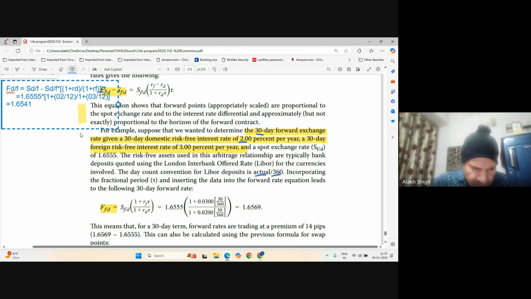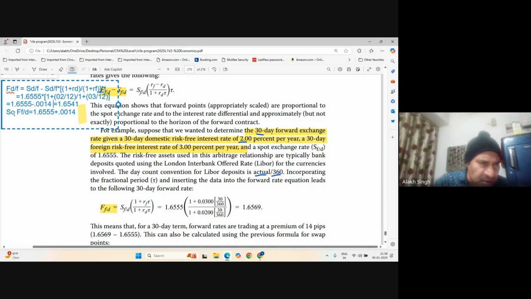F by D, because which one is depreciating? The foreign currency has higher interest rates, so foreign currency is depreciating. It will be 1.655 plus 0.0014, which is, written like this, 1.655 minus 0.0014, equal to 1.6541.